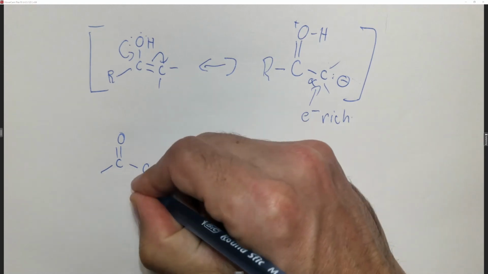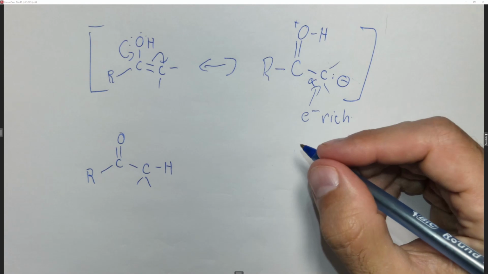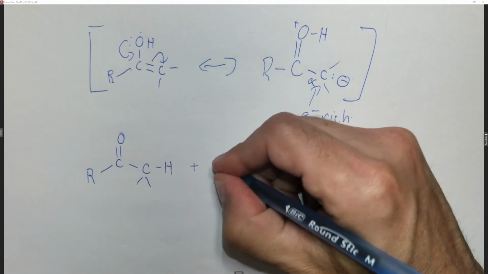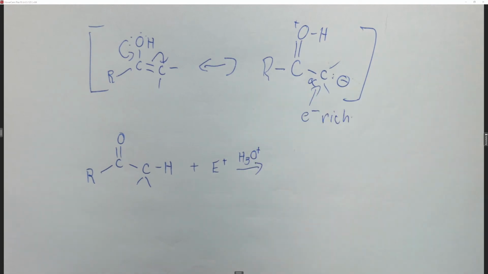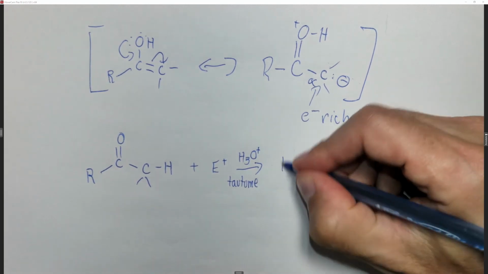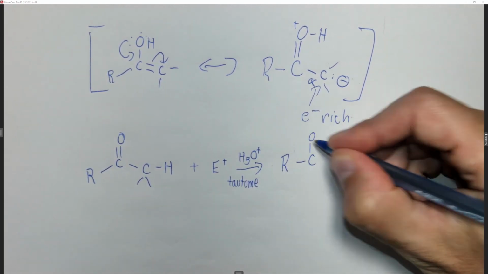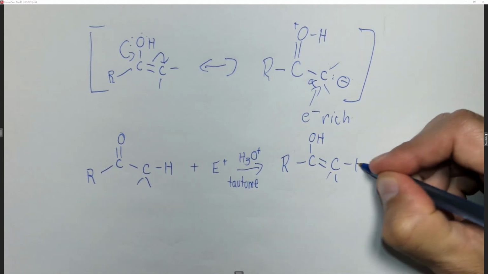We get a C bonded to two things and an H like so. All right. And we're going to add to this an E plus in the presence of H3O plus. So the first thing we're going to do is we're going to get the tautomer. And the tautomer is R bond C bond OH double bond C bond H.